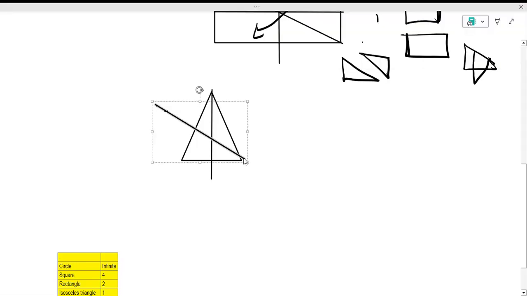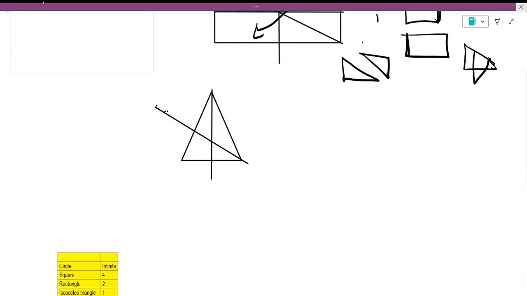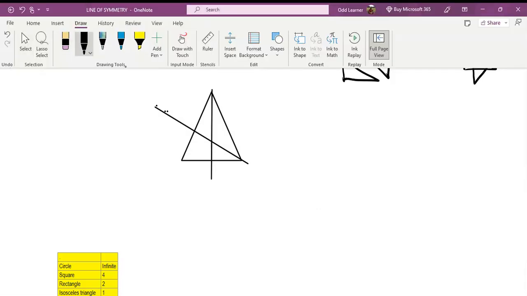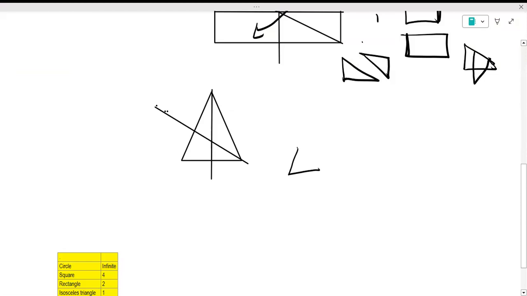It's only one line that actually works. If we try to draw this, we're going to have one part like this, then another part that has bigger length, and you can't fold this together. It's not going to work. So that's just the idea for lines of symmetry.